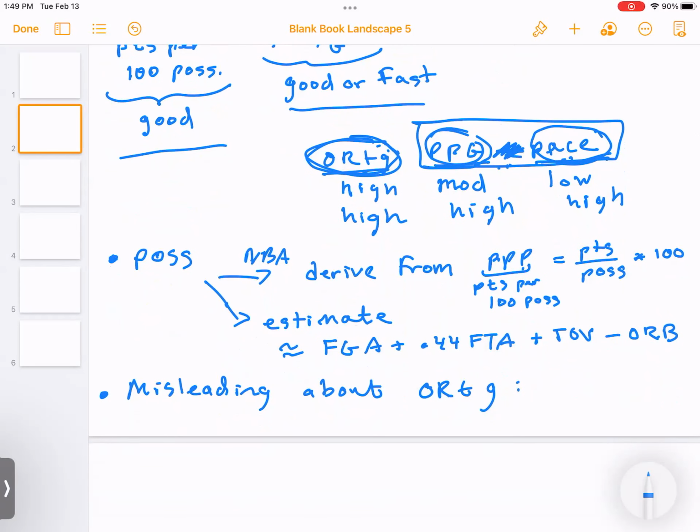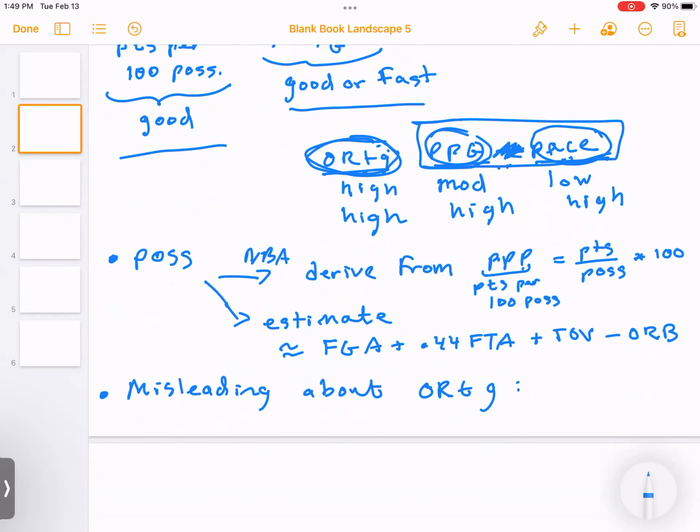Another thing is like you need defense. So you need to consider both. So a lot of times we want to look at them separately, but you always have to go back and think I need to consider them both. They're equal. And so you can look at net rating, which just subtracts the two, et cetera.